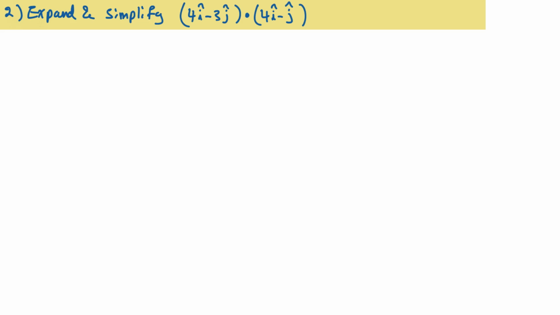Okay, for the second question, we're expanding and simplifying. So we have 4 times unit vector i minus 3 times unit vector j, dotted by 4 unit vector i minus unit vector j.